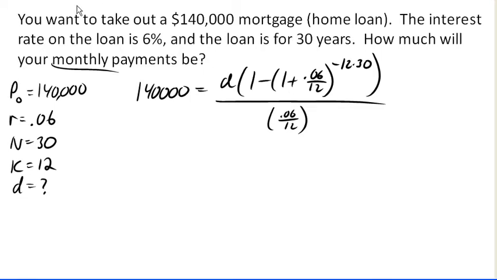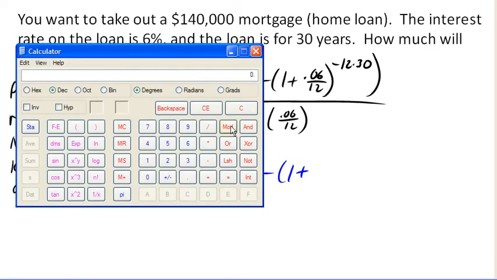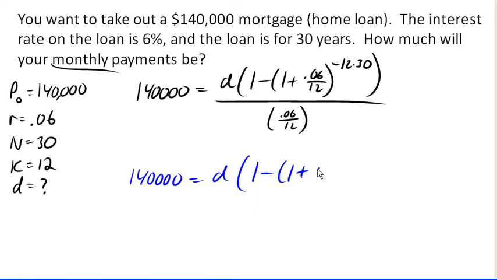So we could say 140,000 equals d times 1 minus (1 plus, let's see here, 0.06 divided by 12 is 0.005), 0.005, negative 12 times 30, happen to know that one, over 0.005.